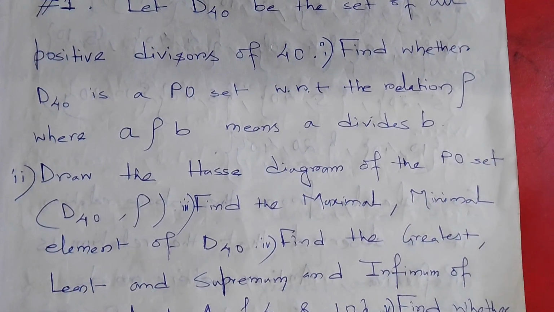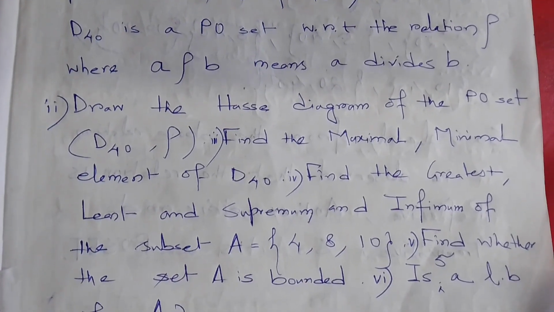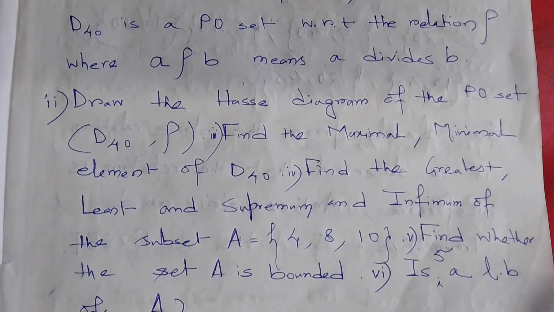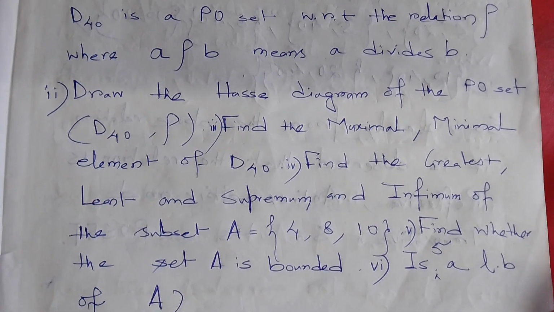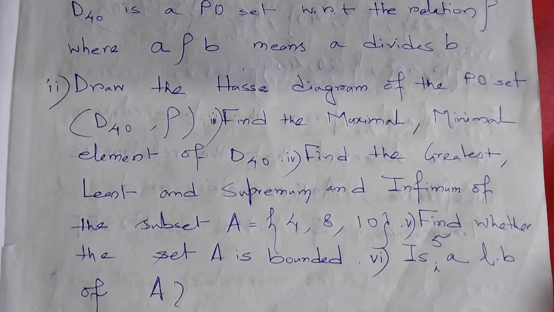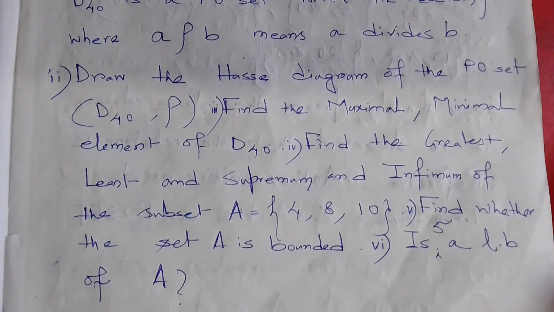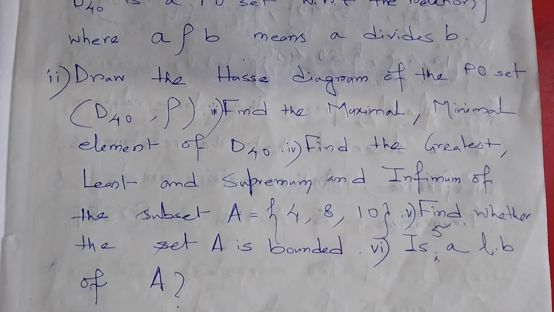Find the greatest, least, supremum and infimum of the subset A = {4, 8, 10}. Find whether the set A is bounded. Is 5 a lower bound of A? So let's start with the solution.